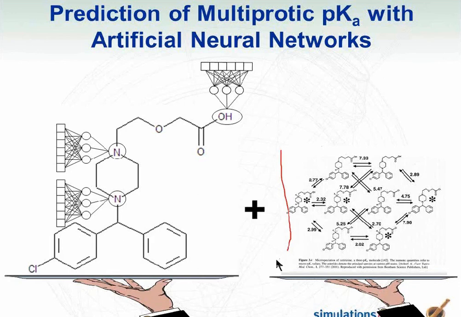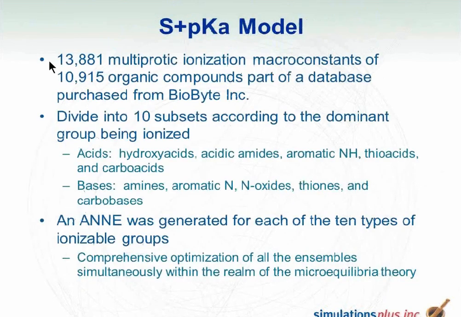Overall, we had almost 14,000 ionization macroconstants from about 11,000 organic compounds that was from a database purchased from BioByte.